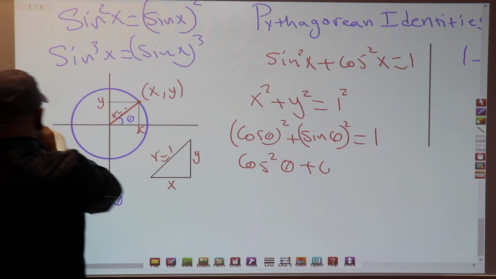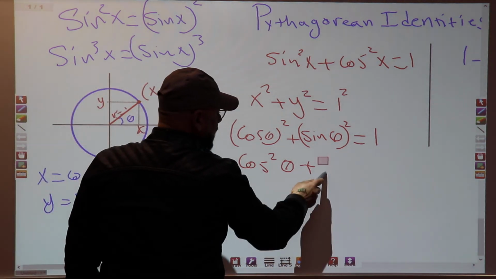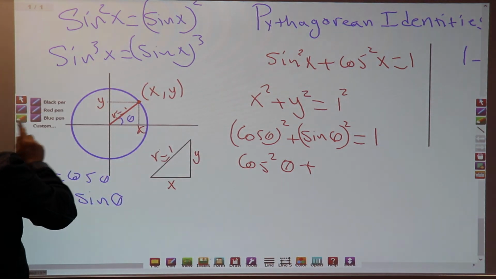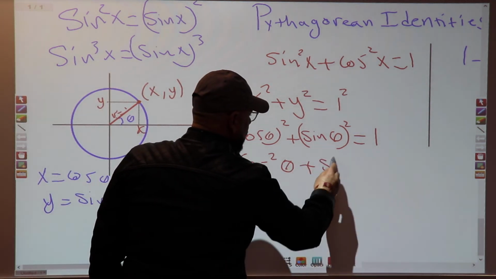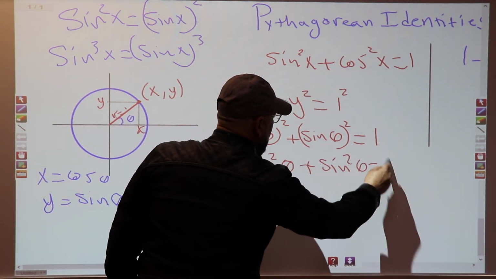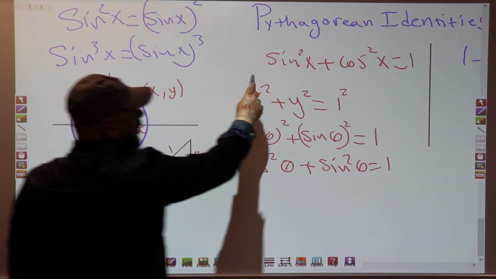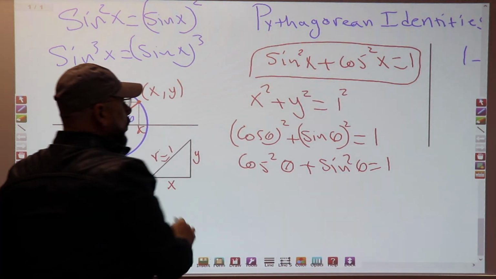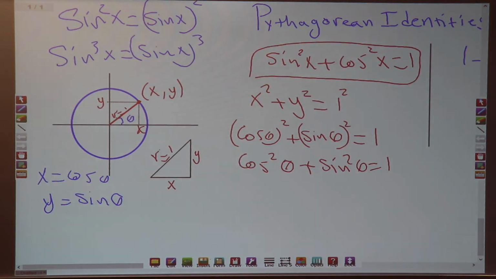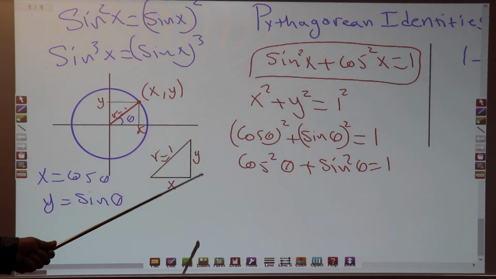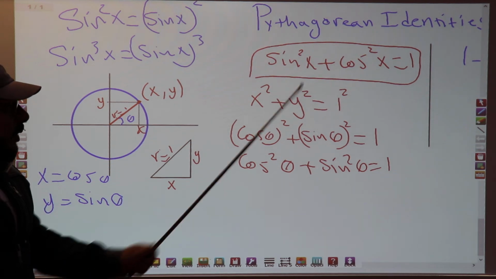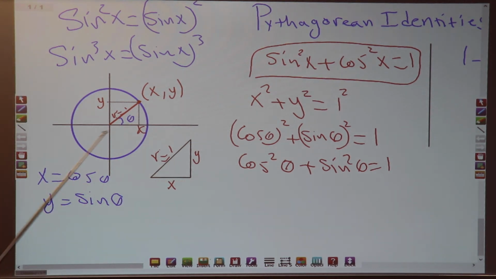If you go to the math history, you will see how much the Greeks did for math. Which is my formula. I proved it well. Then sine squared theta plus cosine squared theta equals 1. That's my first one, we proved it from here, right?